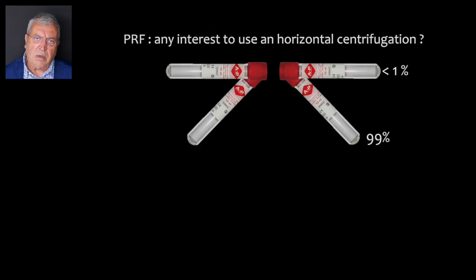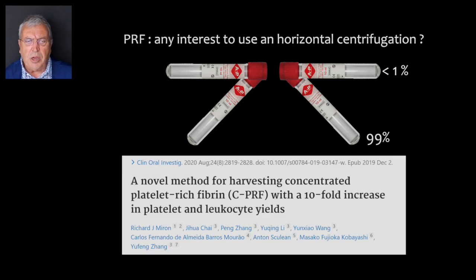Recently, we got from Myron a publication showing that horizontal centrifugation will produce 10 times more cells. How to believe that just the angulation will increase the cells?